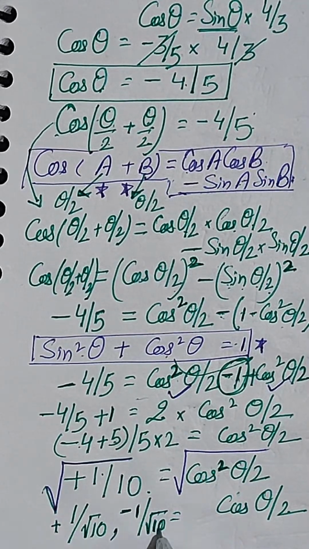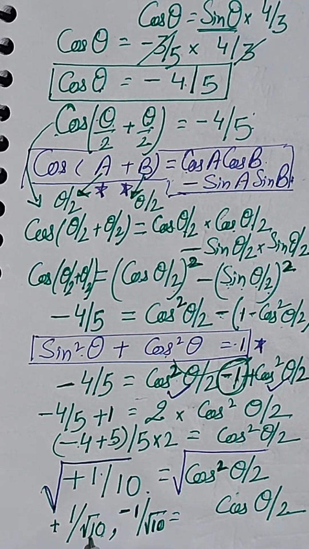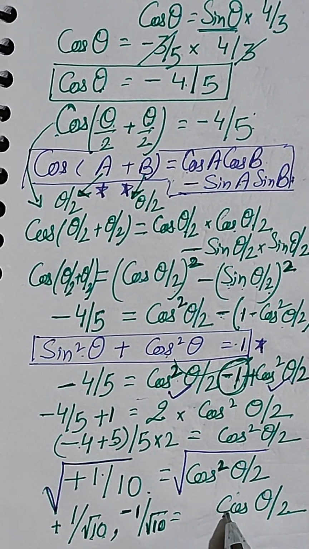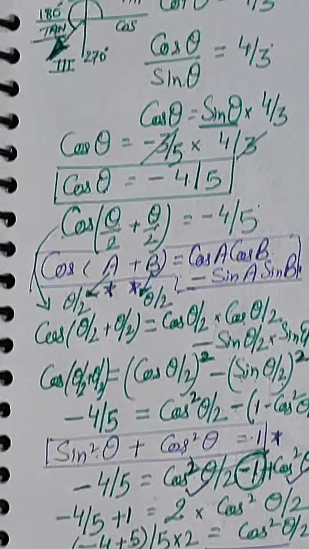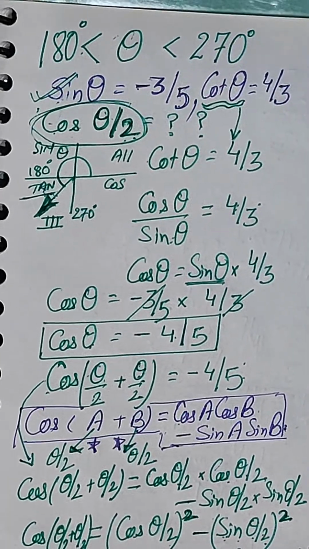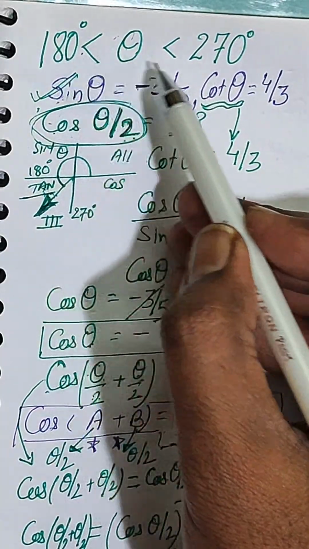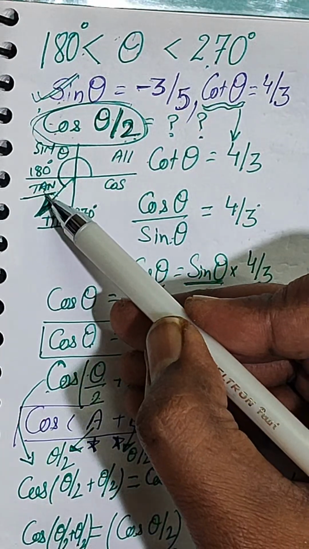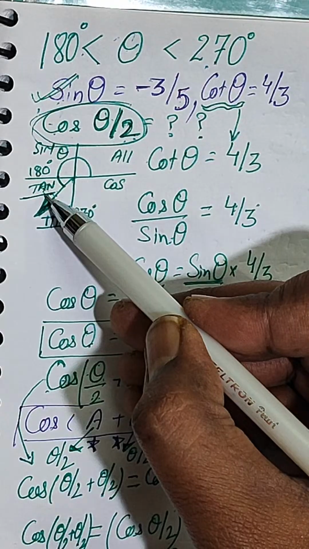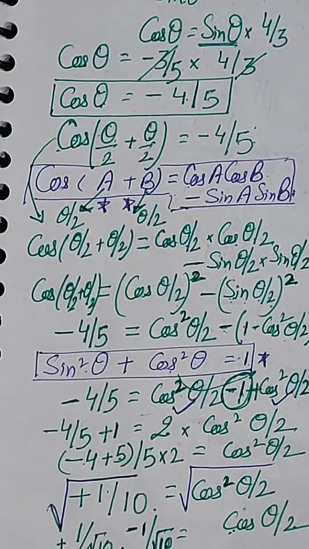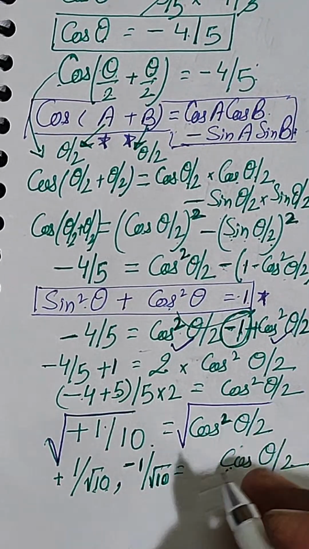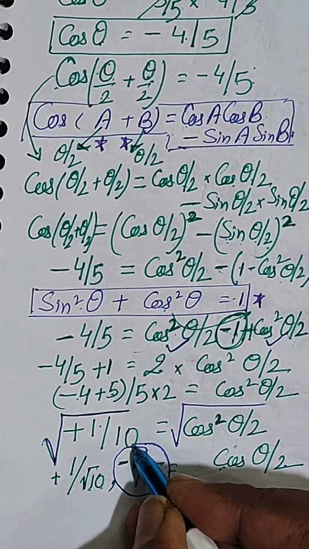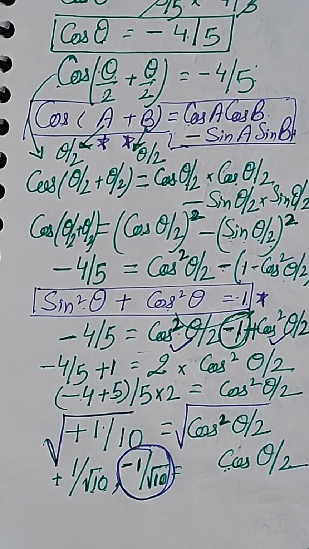So which value are we going to take? Since this is a cos and cos is in the third quadrant, this is the condition given. If you remember, it's given that theta is lying between 180 degrees and 270 degrees. So in the third quadrant all are negative except tan and cot. So that's why we will take the negative value only, this one, right?